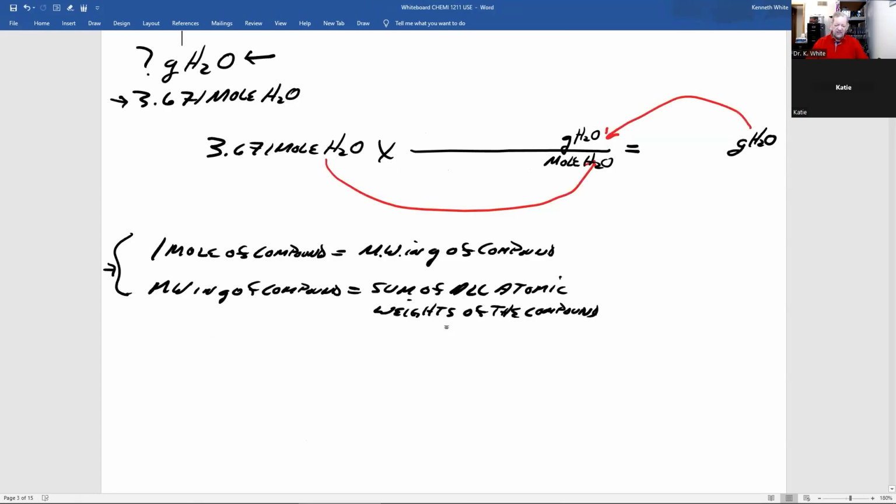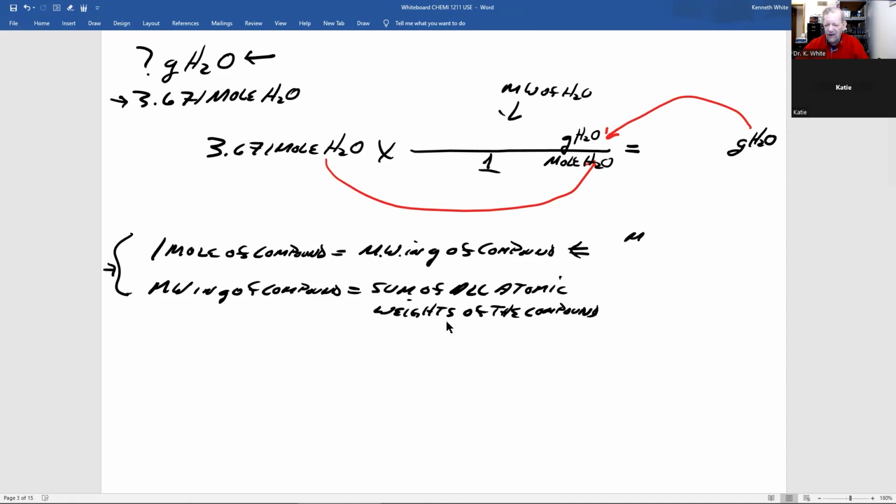We've already done this, but let's do it again. We need to find out for every 1 mole of water, that's equal to the molecular weight of water. So we have to calculate the molecular weight.